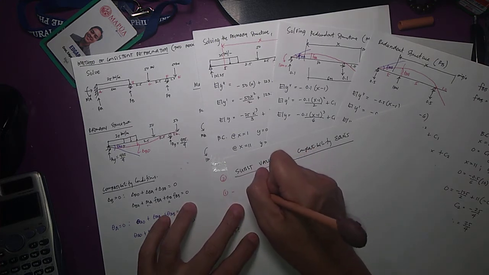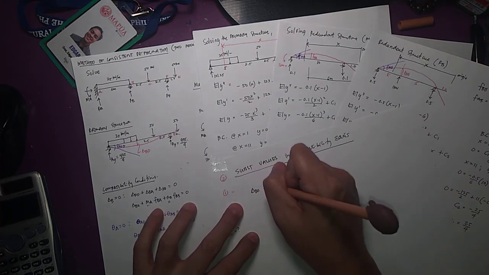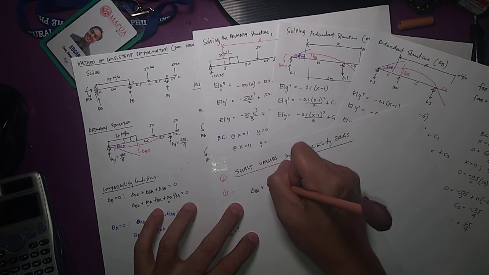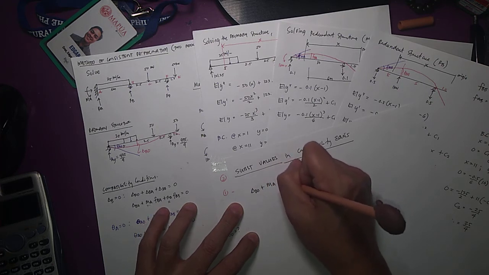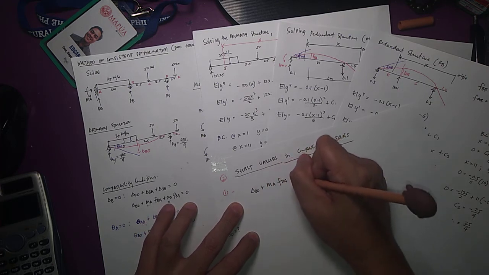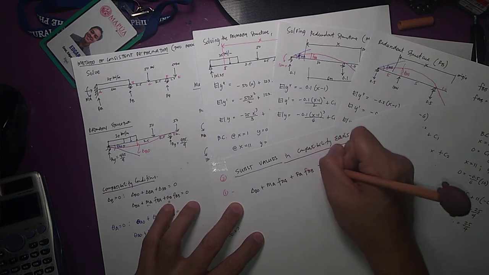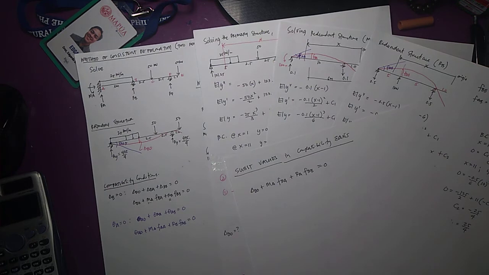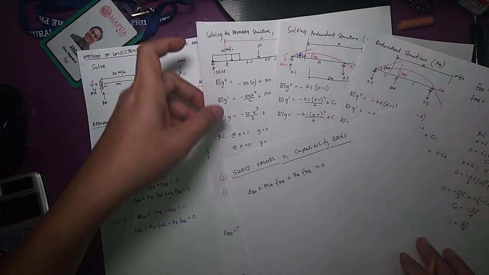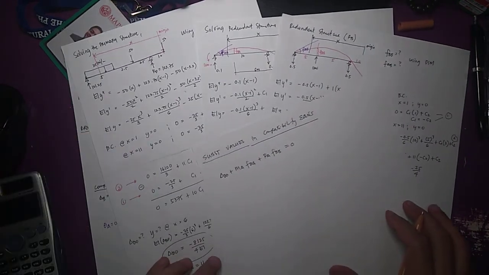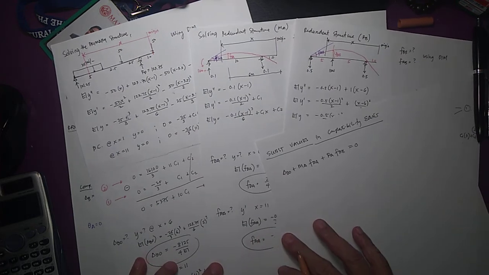That would be delta BO plus MA FBA plus RA FBB should be equal to 0. So I'll be collecting those values there.